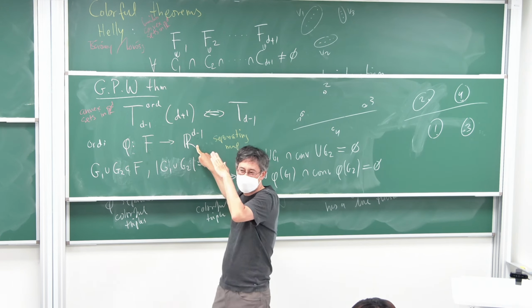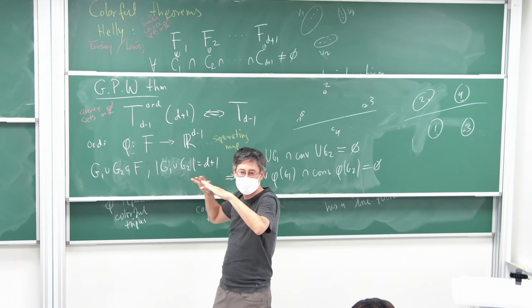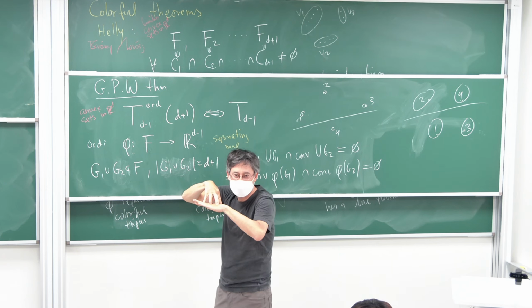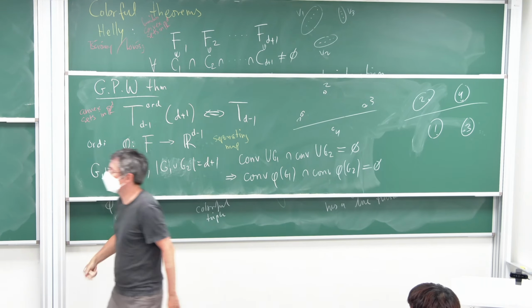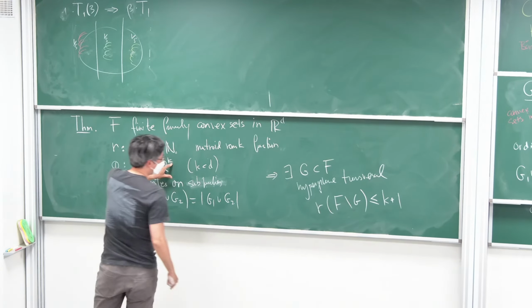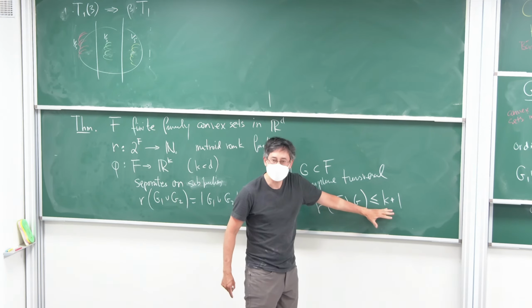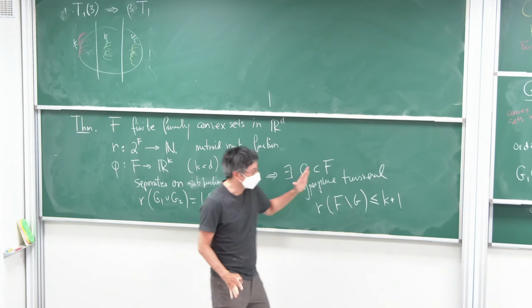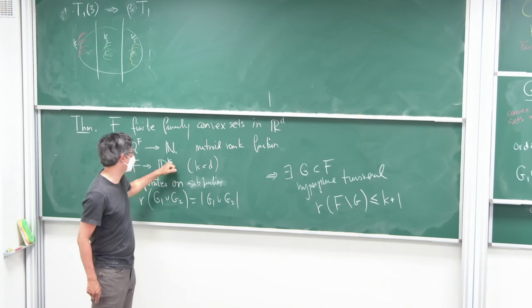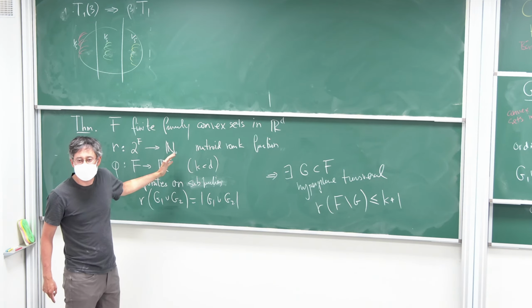But I could fix a k-dimensional subflat inside here and just map everything there. Nothing prevents me from doing that. And so here I include the k because I want the stronger version. But if you want to read the theorem, you can just set k equals d minus 1. That's fine.